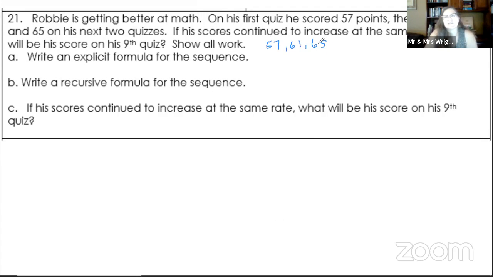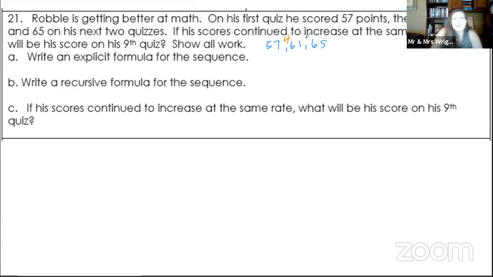So if his score continues to increase at the same rate, what will his score be on his 9th quiz? Show all work. All right, so if I remember correctly, these increase by 4. Let's see, 61 minus 57 is 4, and 65 minus 61.